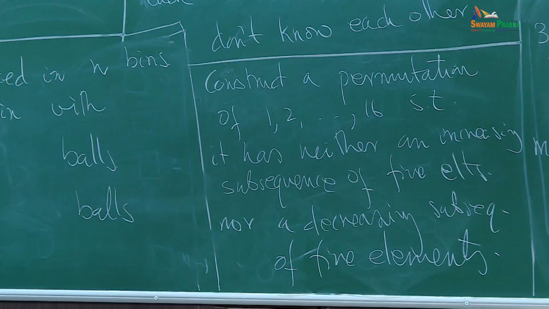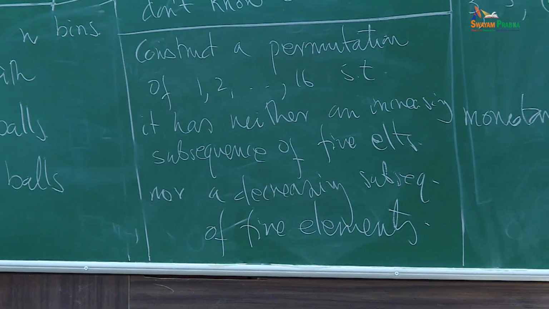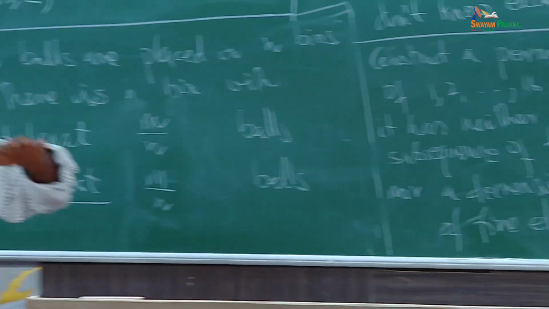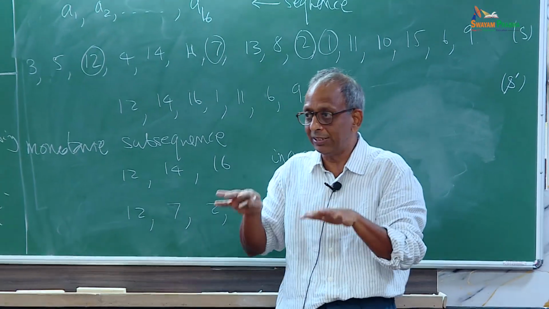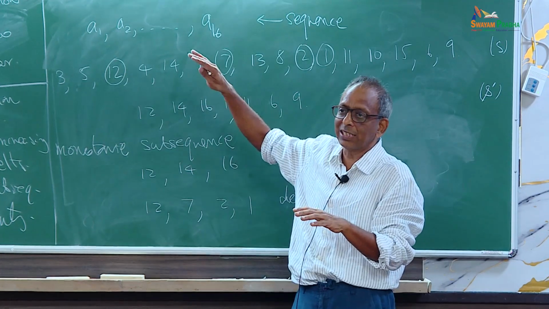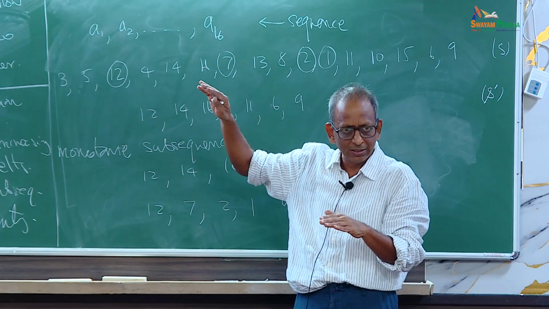So over lunch, take these 16 numbers and arrange them, and when I look at that sequence, I should not be able to find an increasing subsequence of length 5.